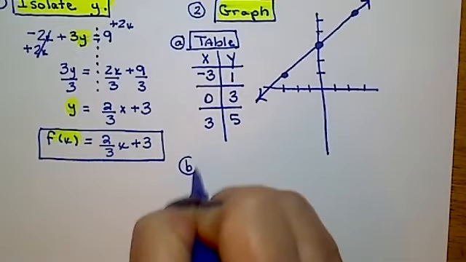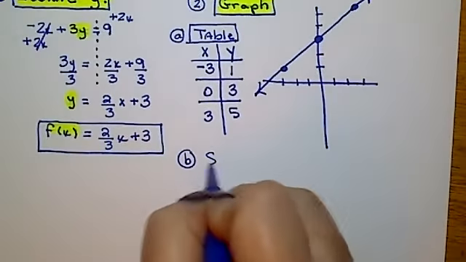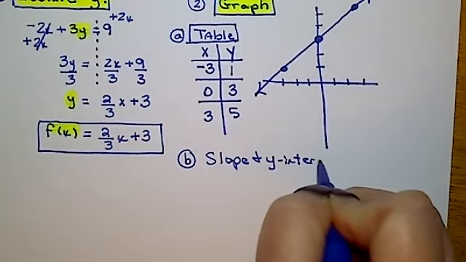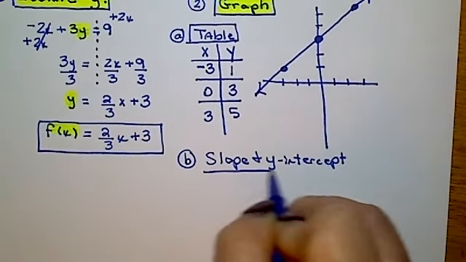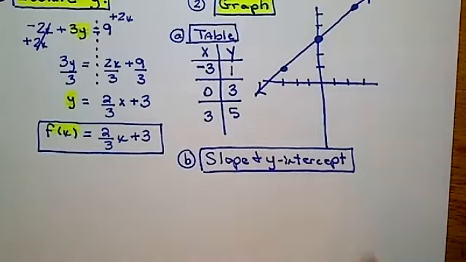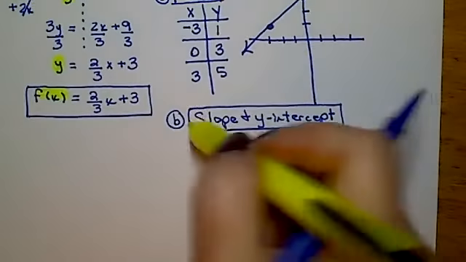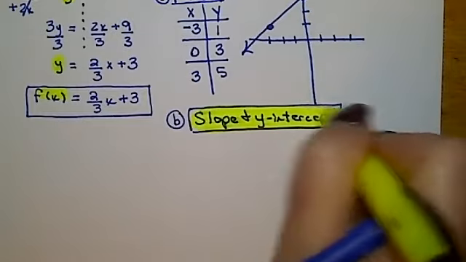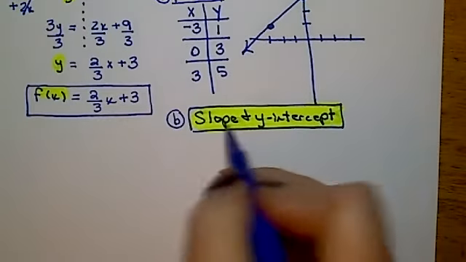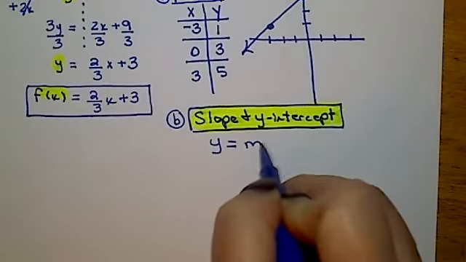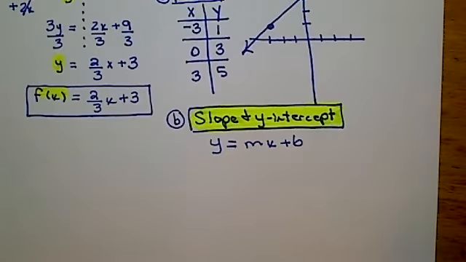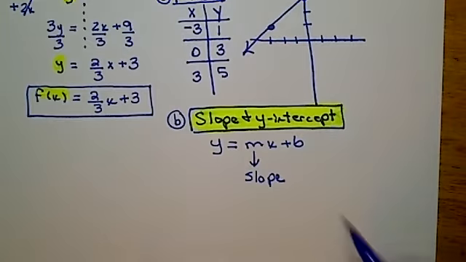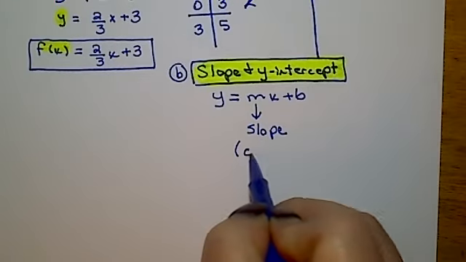The second way you can graph is called slope and y-intercept. So if you graph with slope and y-intercept, you have to know the definition, which is called slope-intercept form. The M stands for the slope. The slope tells you how to count.